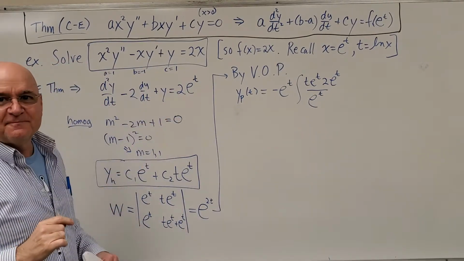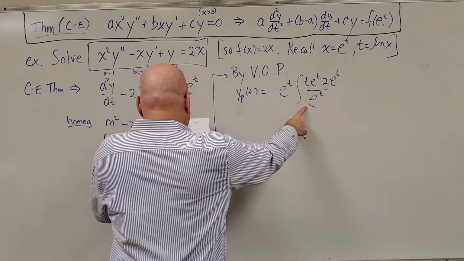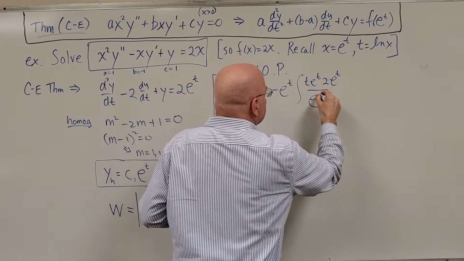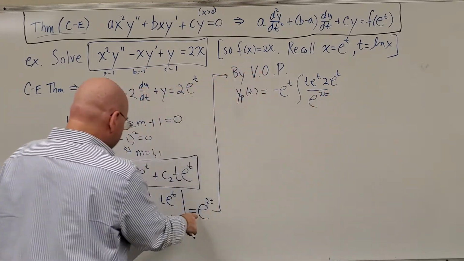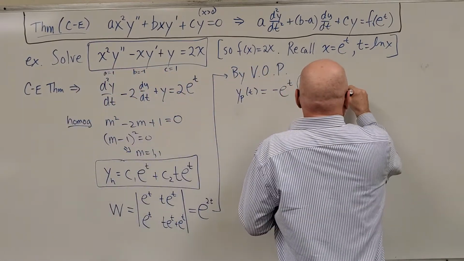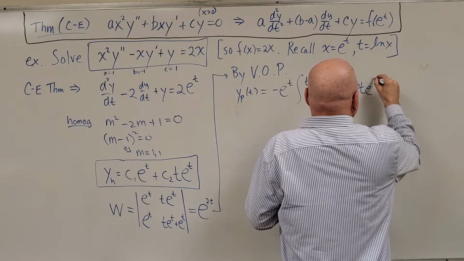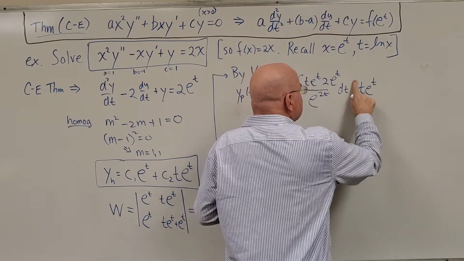Just to refresh your memory, this should be e to the 2t here. This e to the 2t came from the Wronskian, the denominator. So we're not done yet. dt plus t e to the t. Let me make that plus so it doesn't look like a t.